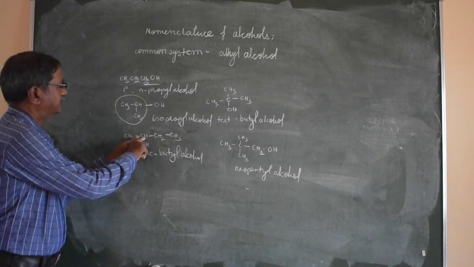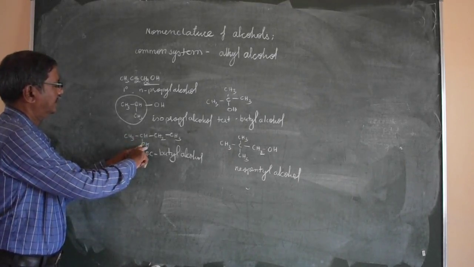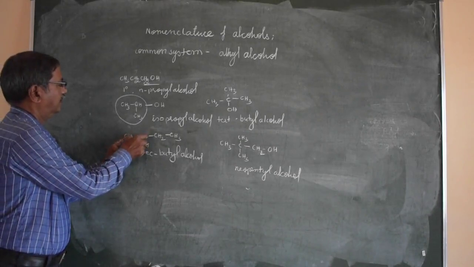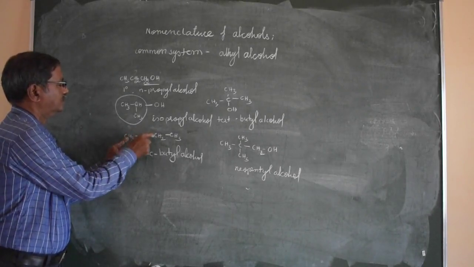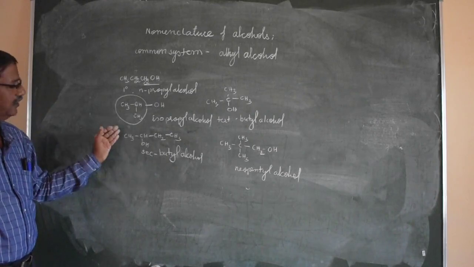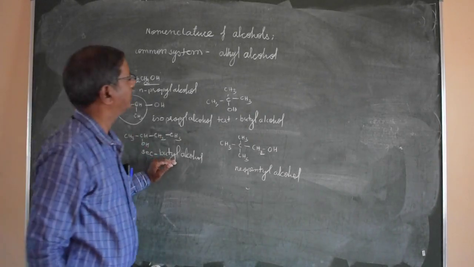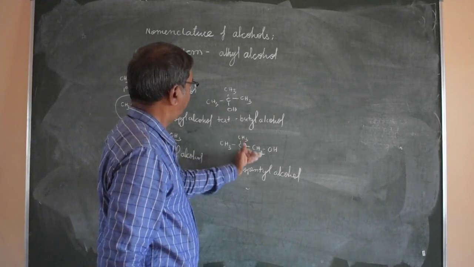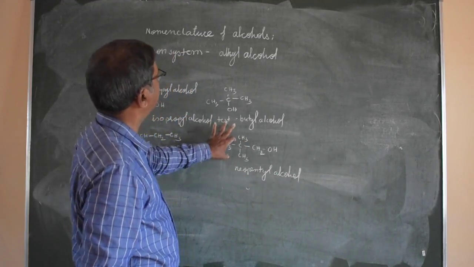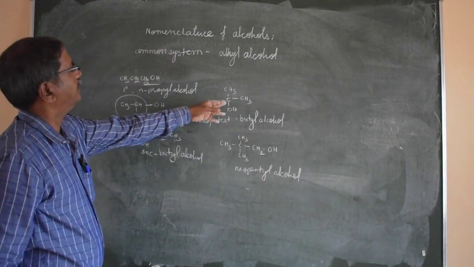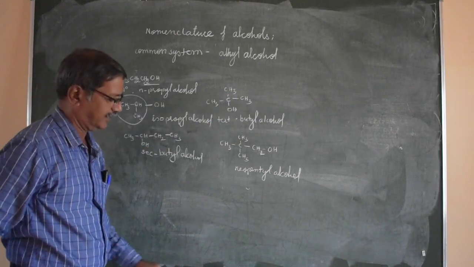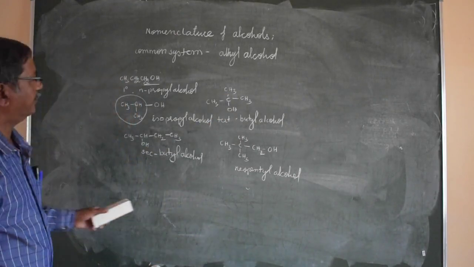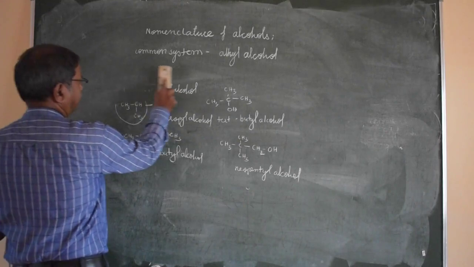This is secondary: CH attached to the OH, but CH is not again linked to two CH3, so it is secondary. Total 4 carbons, butyl. Here we have total 5 carbons, so it is neopentyl. This is called tertiary: this carbon does not contain any hydrogen atom. So this is the common system.